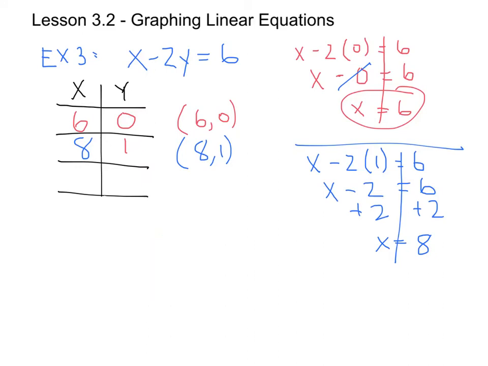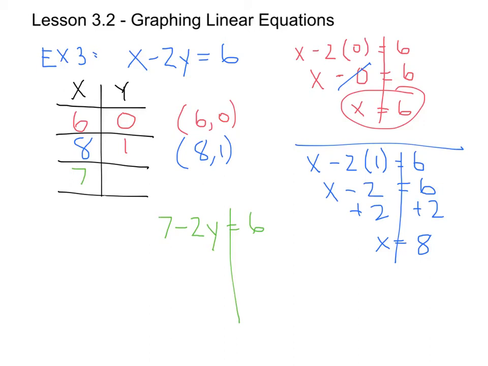Let's put it in green. Let's say, hey, 7's my lucky number. What happens if we make x 7? We can still do it, but we might get a messy number. So watch what happens. If I make x 7, 7 minus 2 times y equals 6, it's just a little bit harder of a problem.